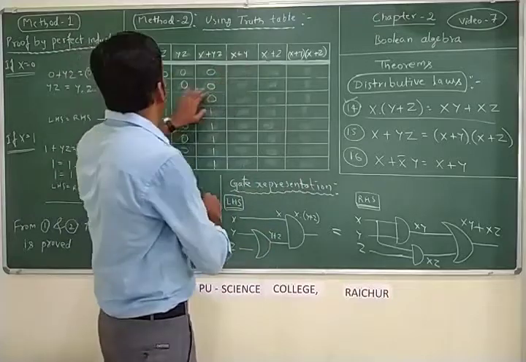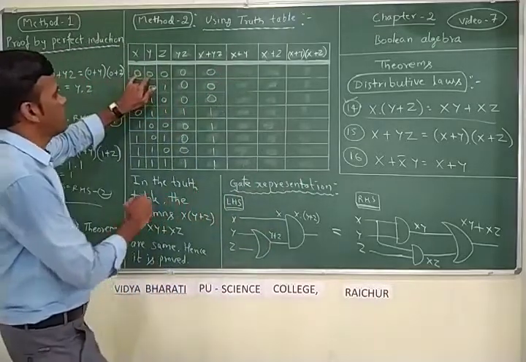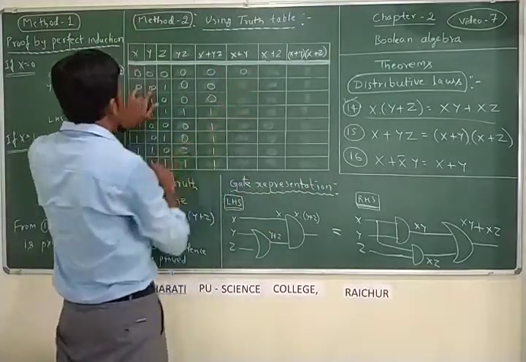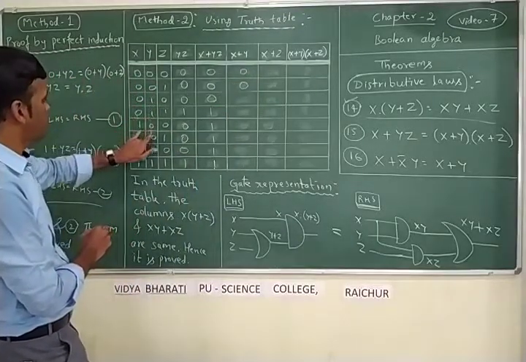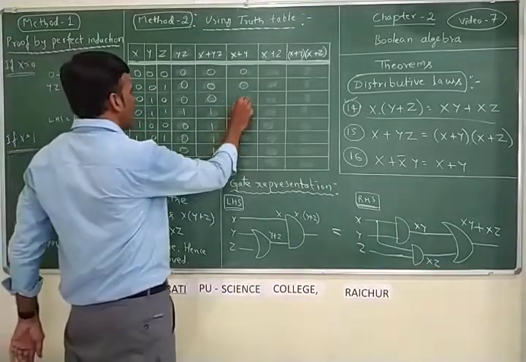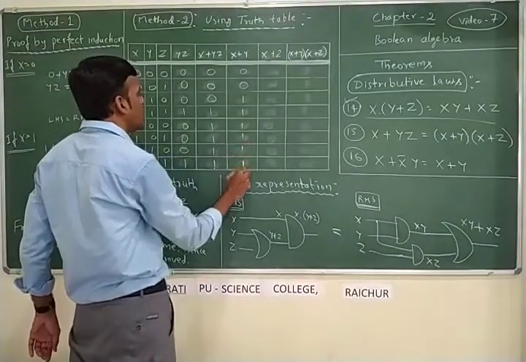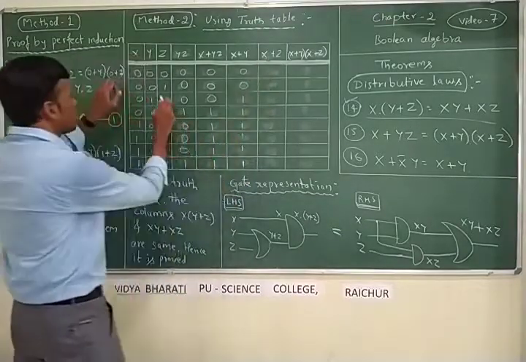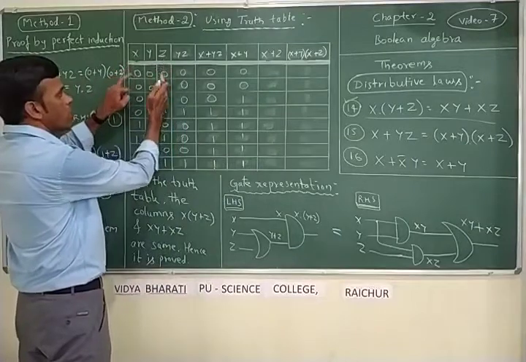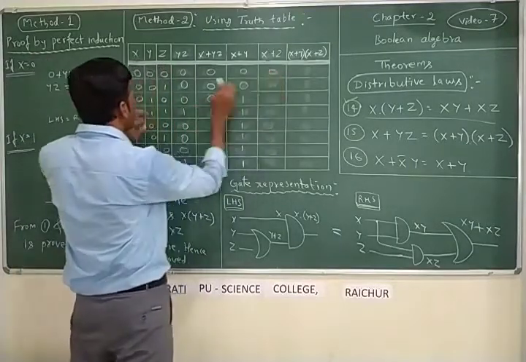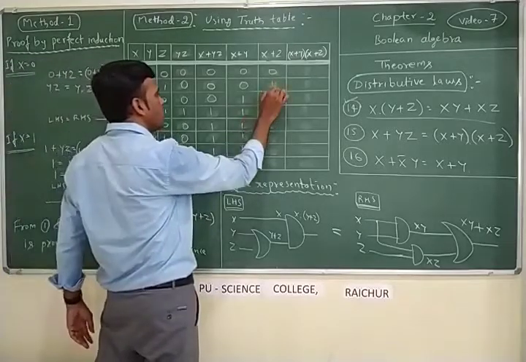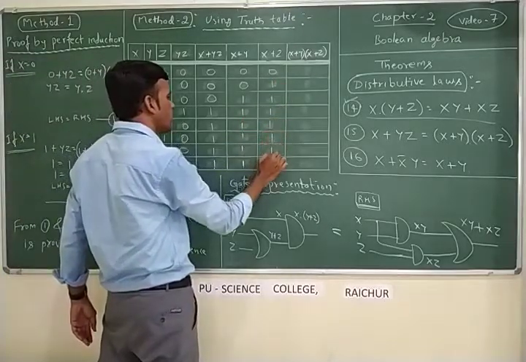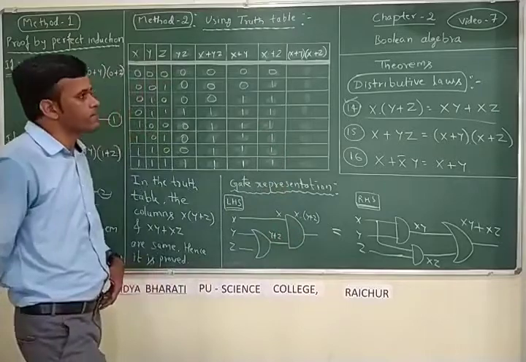Say x plus y first: when both x and y are 0, then it is 0. In the remaining cases it is going to be 1. X plus z, between these two columns: only when both are 0 is it 0. Only one case. In all the remaining cases we are getting 1.